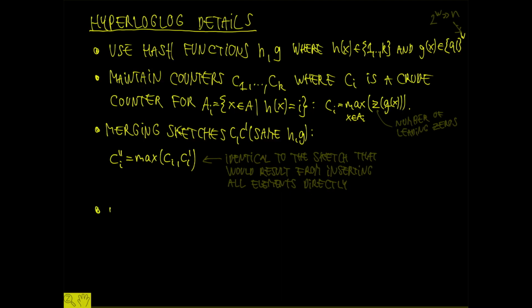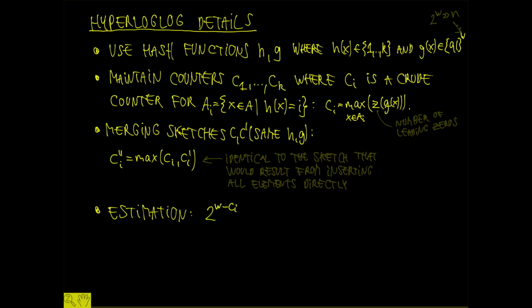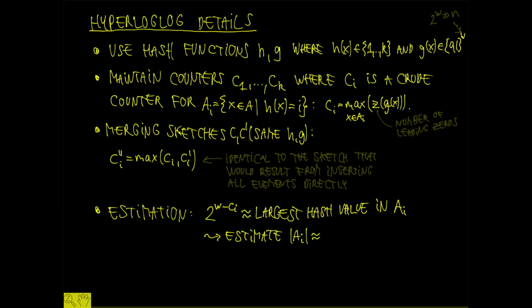Now the question is, of course, how do you use this information to estimate the number of distinct elements? One thing we can observe is that if we look at the ith counter, the largest hash value in A_i is going to be roughly 2 to the w minus C_i, because we know there's a 1 bit in position C_i from the largest value.